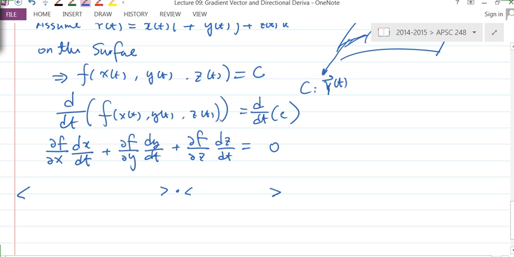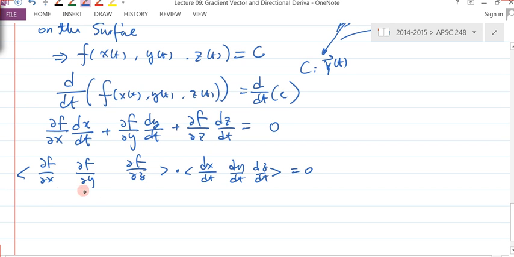The first vector is going to be this, and the second one is this. Does that make sense? If you expand this dot product, you get back to this expression.